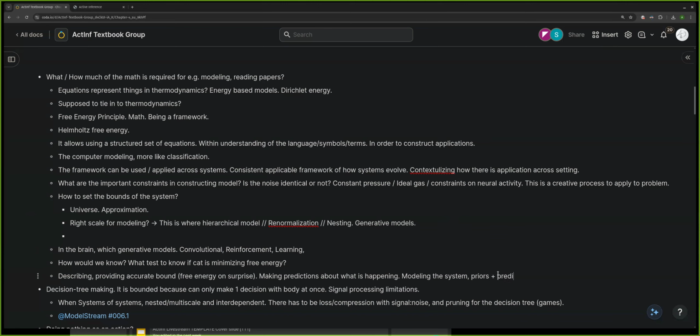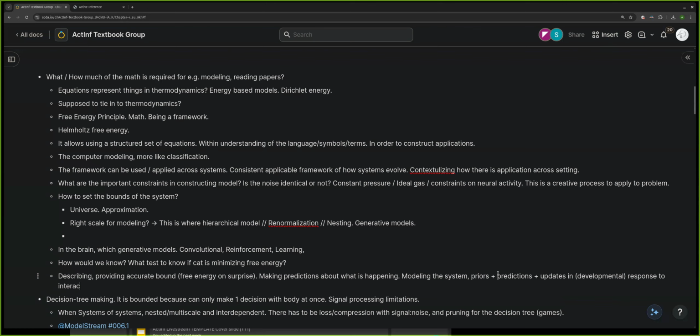We say predictions, but it's really just the way the system is set up in a developmental response to how it has been interacting with the environment all along. Nothing springs out of nothing. It's a developmental process, and this is how the free energy formulation is a great descriptor of that process. It's a great framework for thinking about how that process occurs.